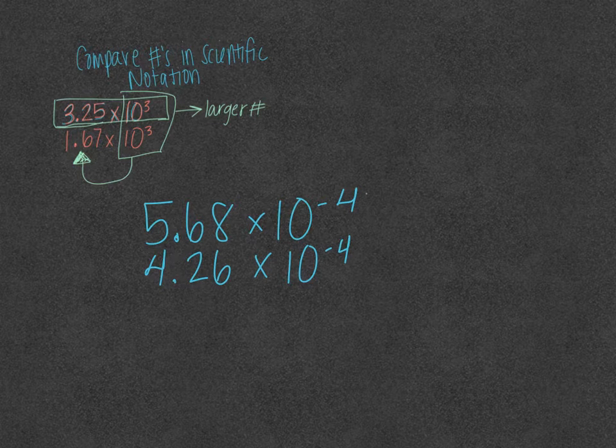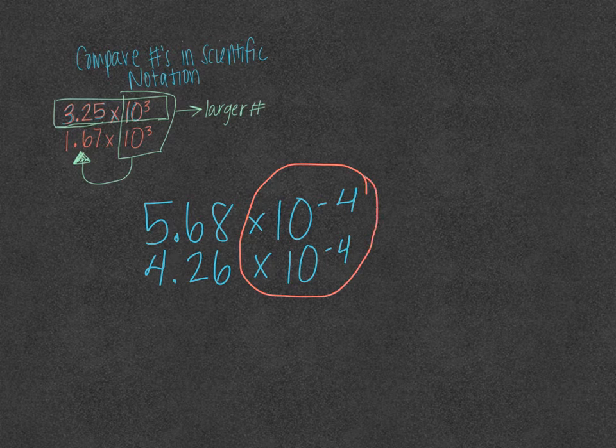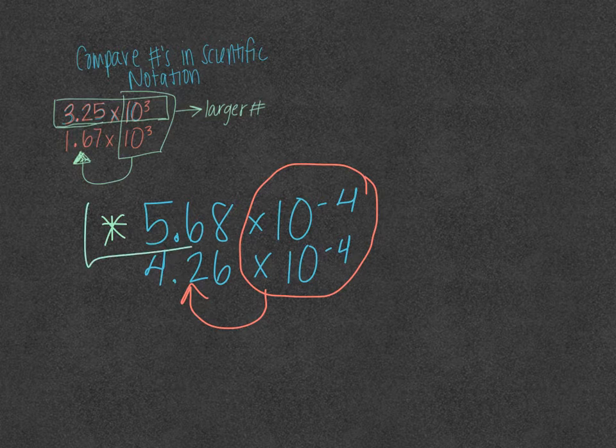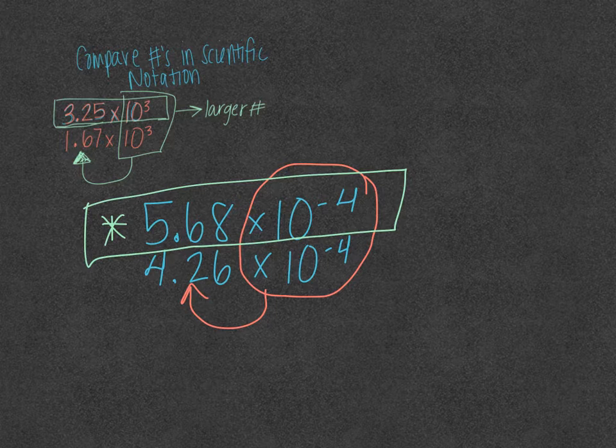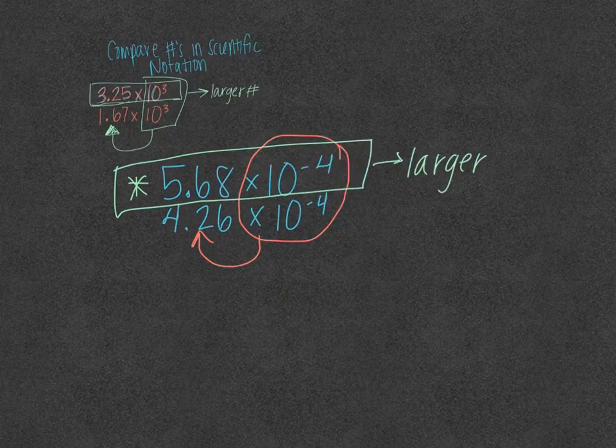So again, look at these powers of 10. They are the same. So now we can look at our coefficients. So which one is bigger? 5.68 or 4.26? This is our larger number. 5.68 is larger. You can also pick out the smaller number too.